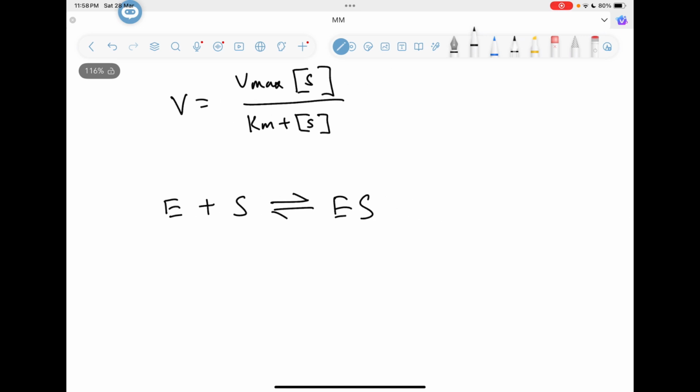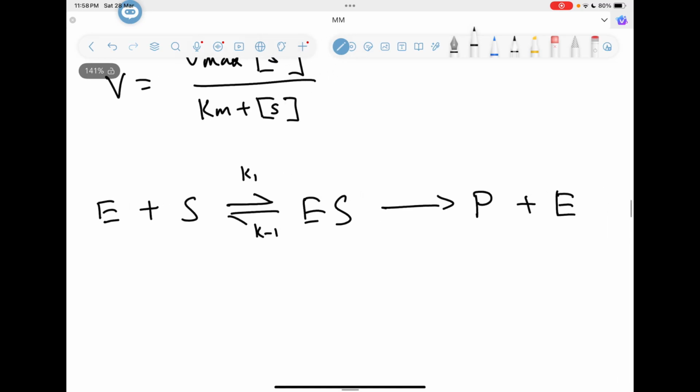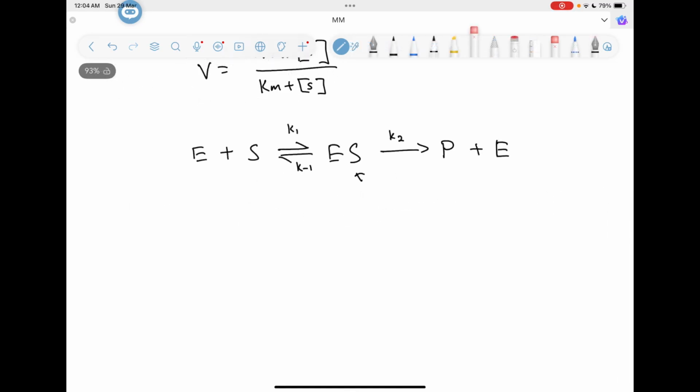And the enzyme substrate complex will then give us the product plus the enzyme. And there are a few rate constants governing this equation. So the first one will be K1, the reverse will be K negative 1. And the rate for the second one will be K2.